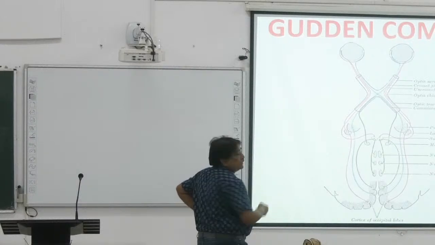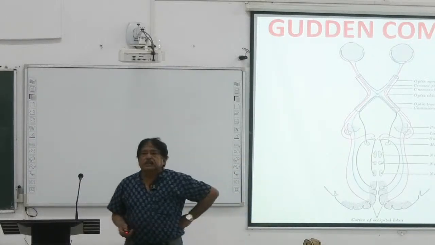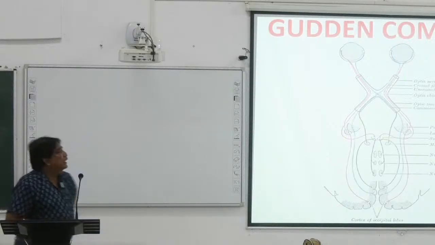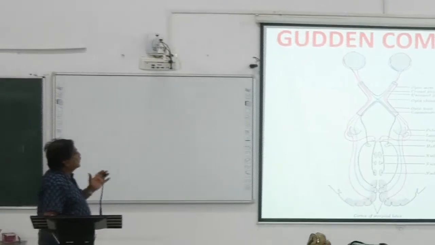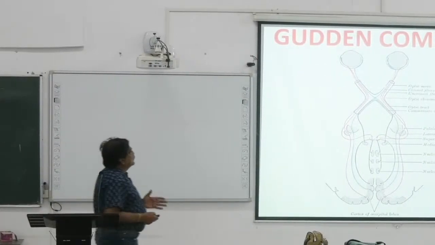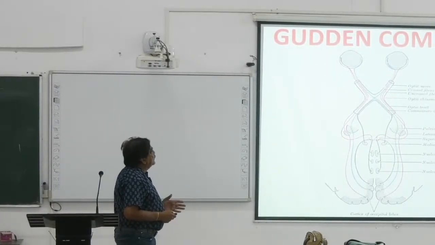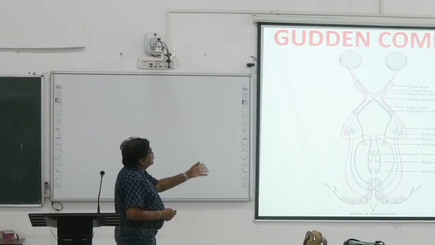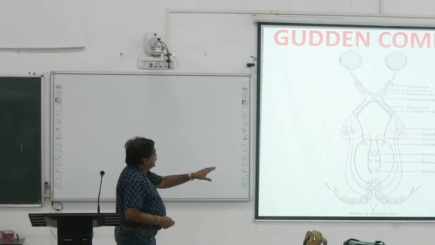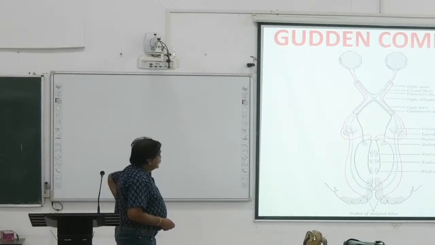That can be a short note on Gudden's commissure. Just see the components and how the crossover forms a chiasma, and how the medial and nasal fibers go to the nuclei of the brain and the cortex of the occipital lobe.